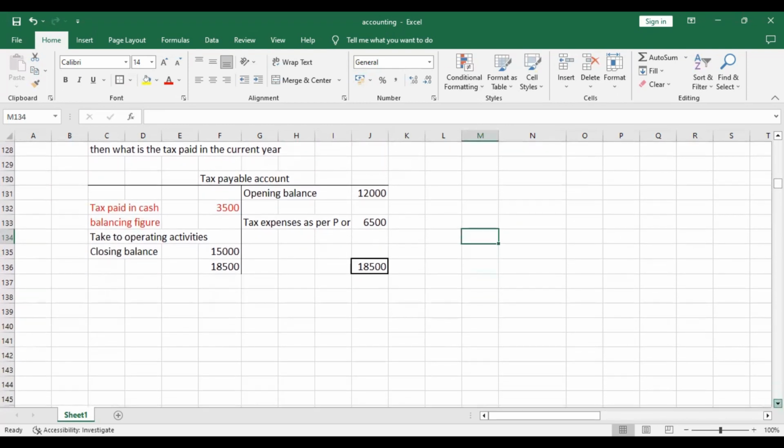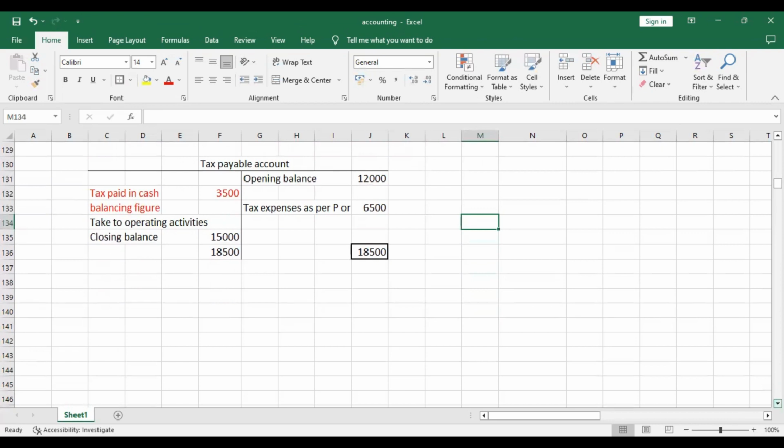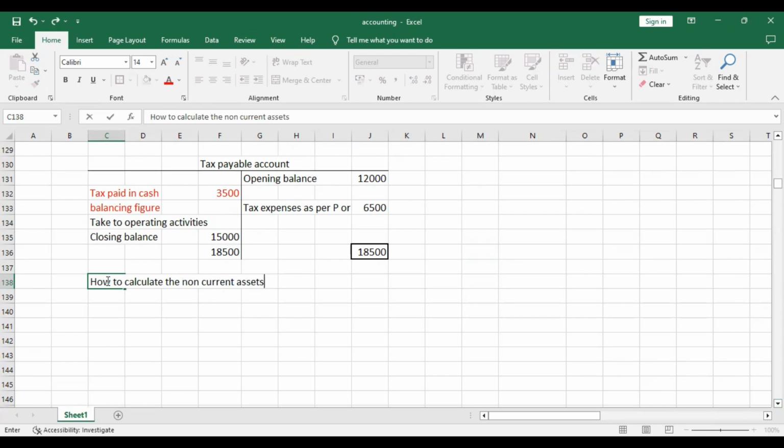Another important account is non-current assets. In most cases, they don't give the non-current asset purchases particularly. How do you calculate the non-current assets purchased during the current year?